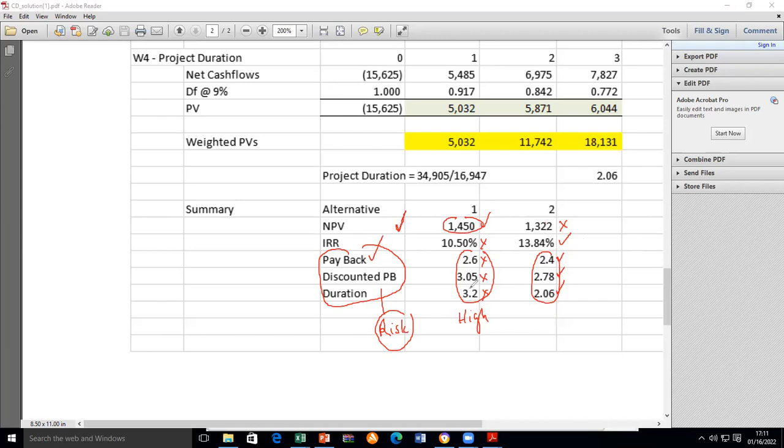Now look at these two projects. This project can see that it's got a high NPV, but a high risk. Low NPV, low risk. So which one should we go for as a company? Which one do we go for?